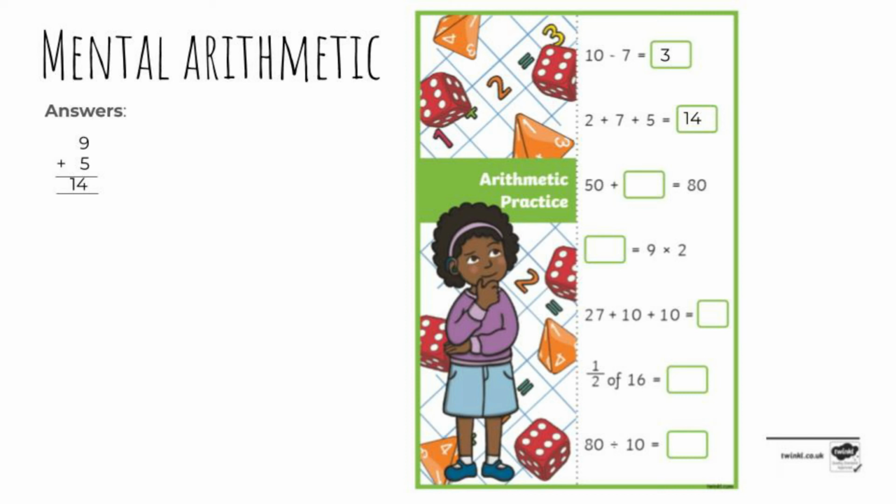For the next question, we're going to take off those zeros for now. So we can work out that 5 plus 3 equals 8. Then we have to add on that 0 again. So 50 plus 30 equals 80.